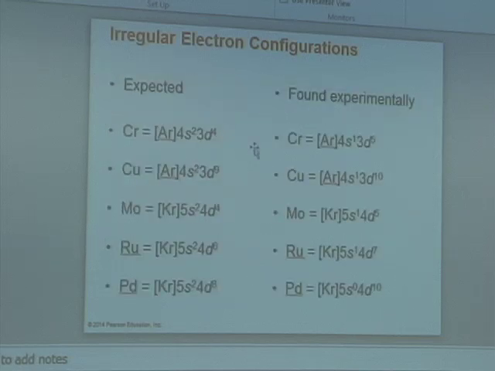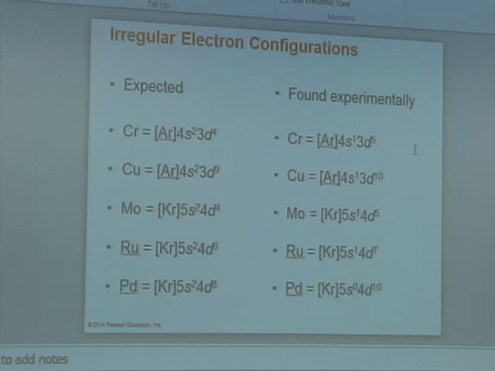Because there are some irregular electron configurations, chemistry sometimes takes longer to report data. Periodic properties predict that chromium should have an electron configuration of the argon shell 4s2 3d4, but experimentally it's really argon 4s1 3d5.